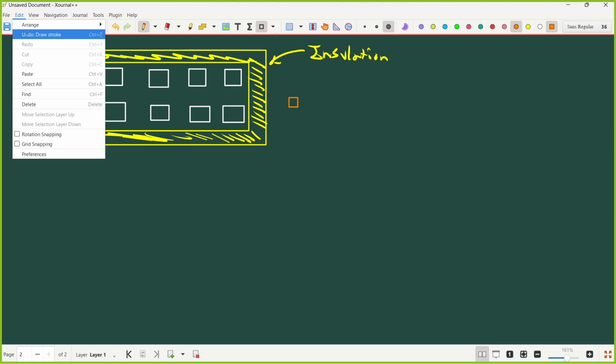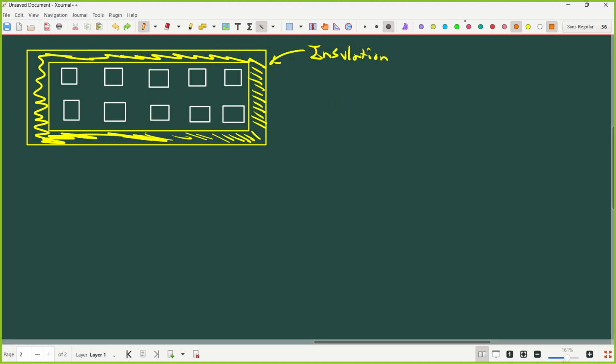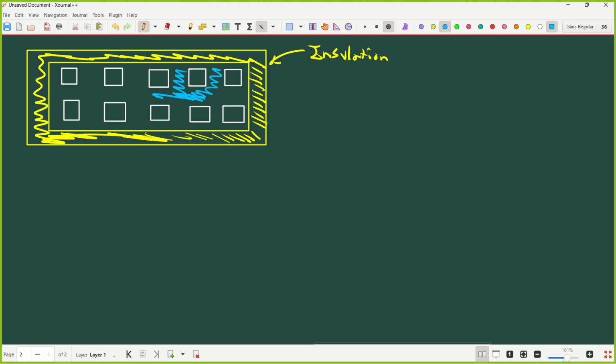So this is a conductive material. Maybe I'll just draw the interior blue for water. Maybe you can think of it as a water bath or some sort of material like Teflon or wool, something that transmits heat effectively. So we'll call this an isothermal bath.